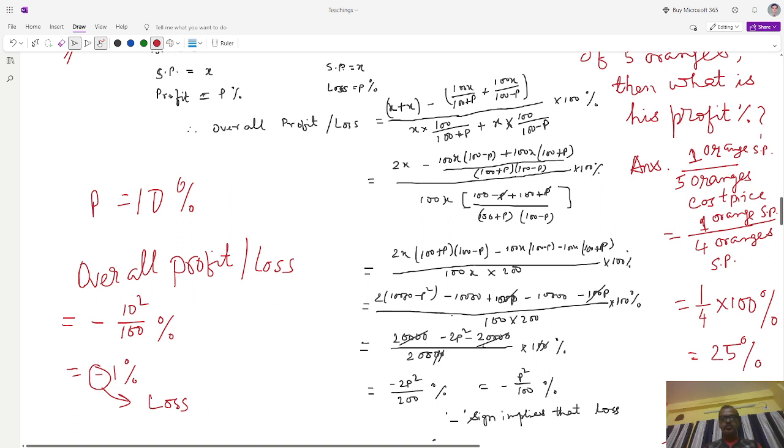So I advise you not to memorize this expression. I advise you all to go through this simplification repeatedly and practice it.